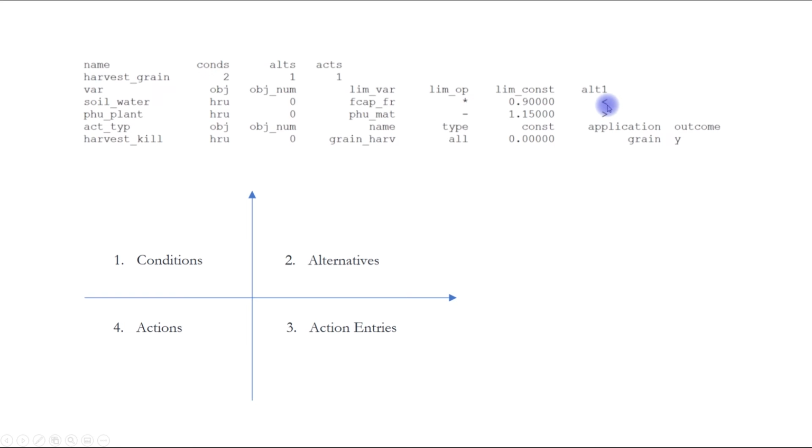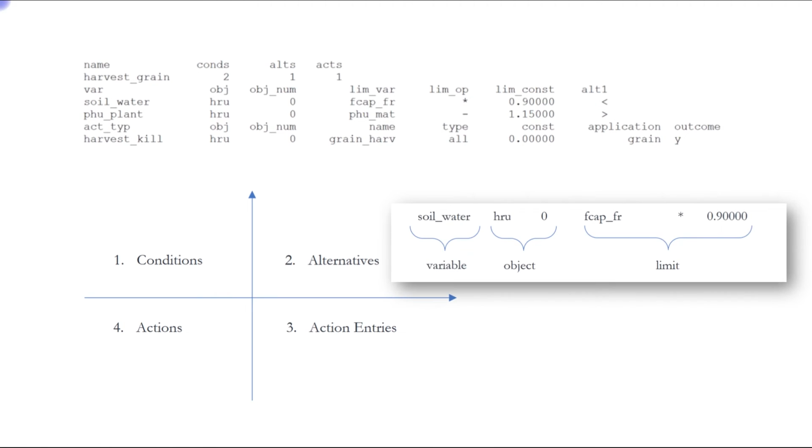If we add the less than sign into our sentence, the condition now reads: if the soil water in the current HRU is less than the limit. Quadrant 3 shows which conditions are performed when the condition is satisfied.